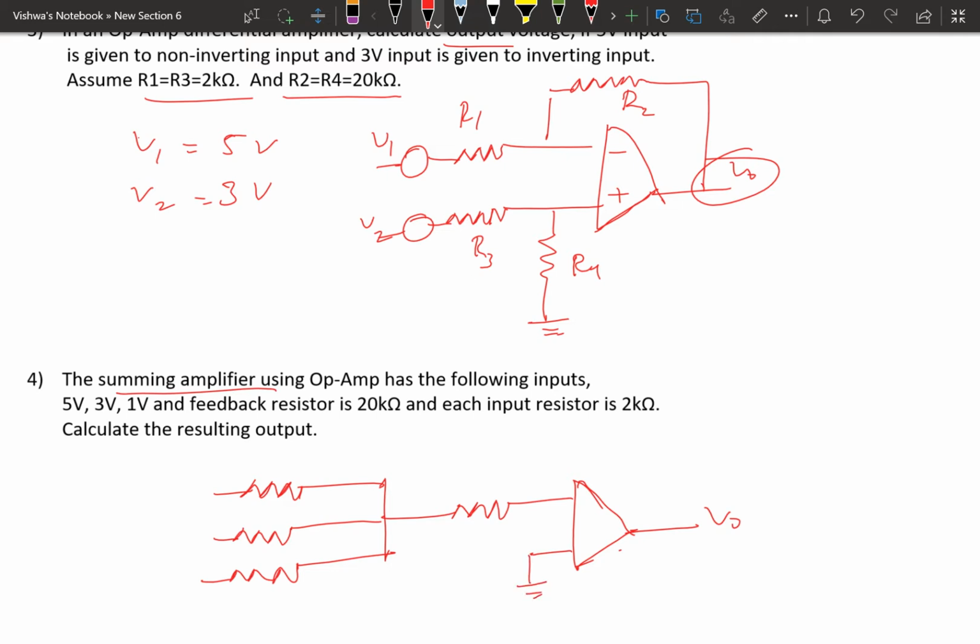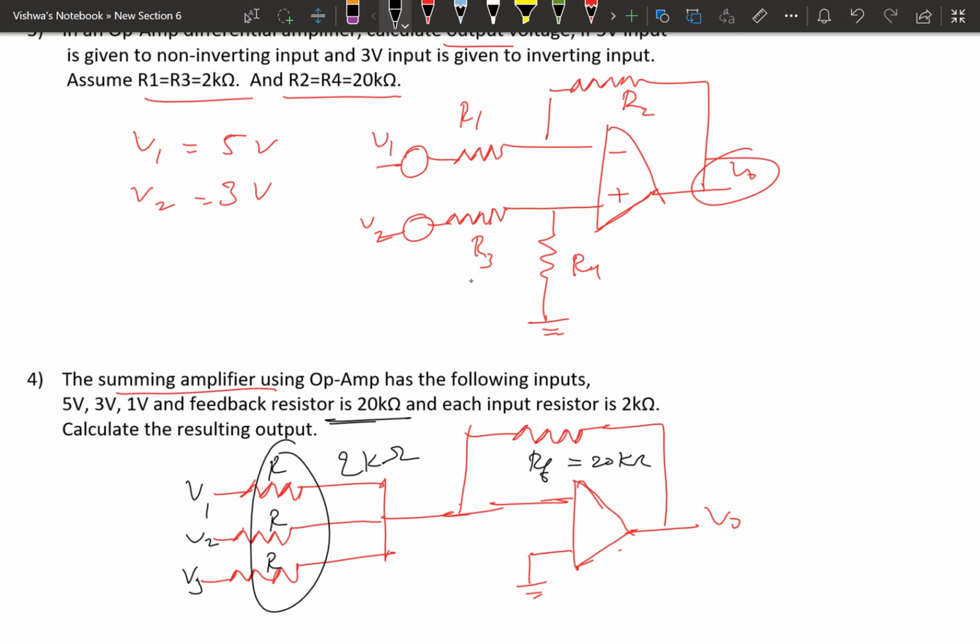Here there is a feedback resistor. R1, R2, R3 are all the same, and V1, V2, V3 are applied. This is RF. Here the feedback resistor RF value is 20 kilo ohm, and these 3 resistor values are 2 kilo ohm, and V1, V2, V3 are 5, 3, 1. Now find the output voltage.